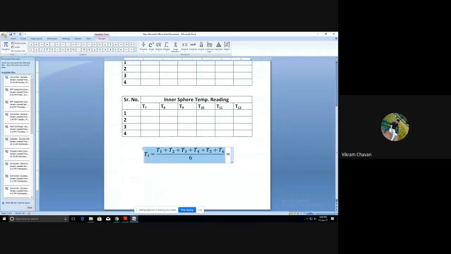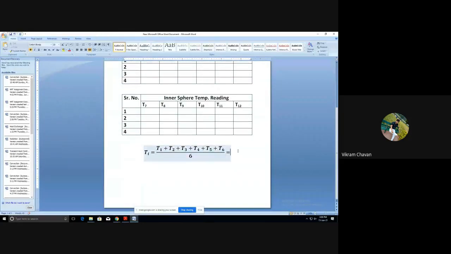And in a similar fashion, you have to calculate the outer surface average temperature, T outer, which is equal to the average of T7, T8, T9, T10, T11, and T12.